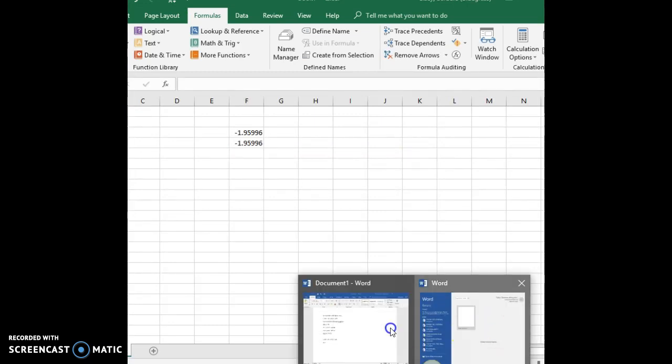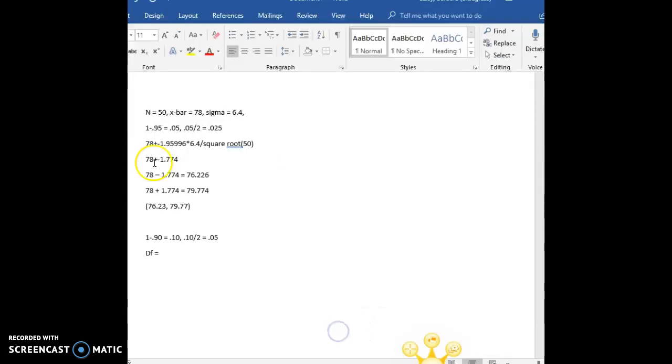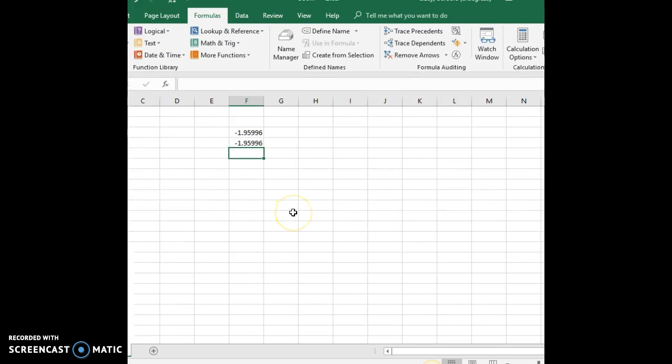So I'm just bouncing all over the place here. All right, so 18 minus 1, our degrees of freedom are 17. So we're going to put in 0.05 and 17 in Excel, but our command is just a tad different.